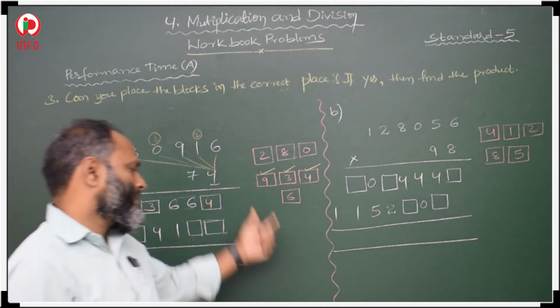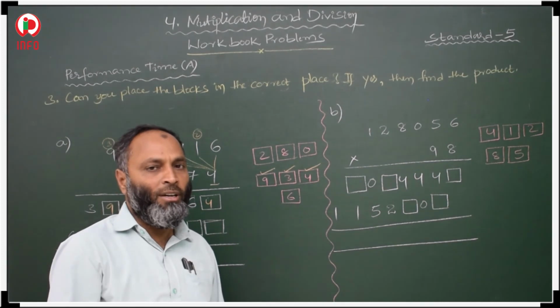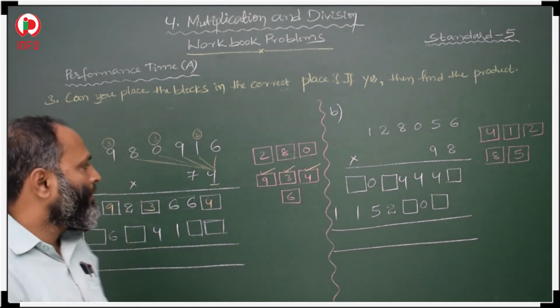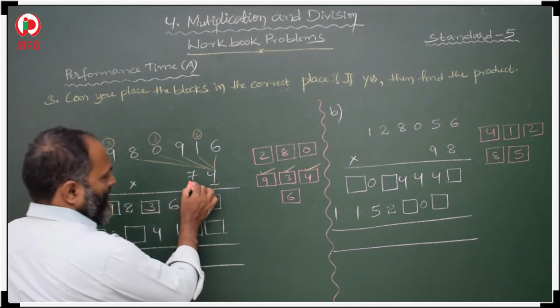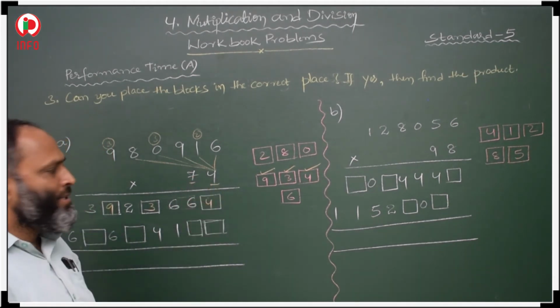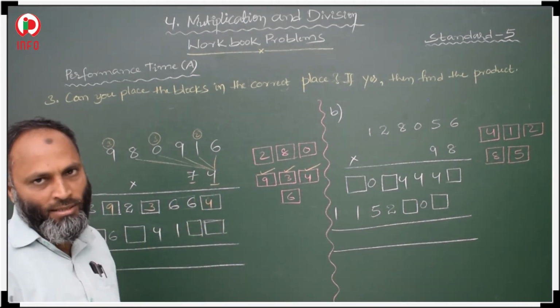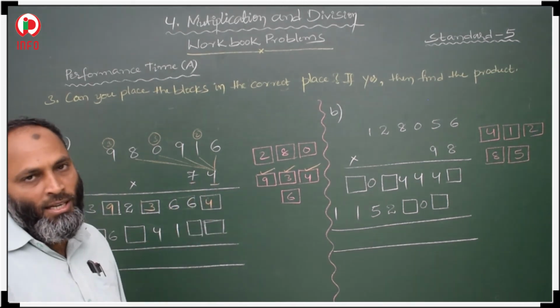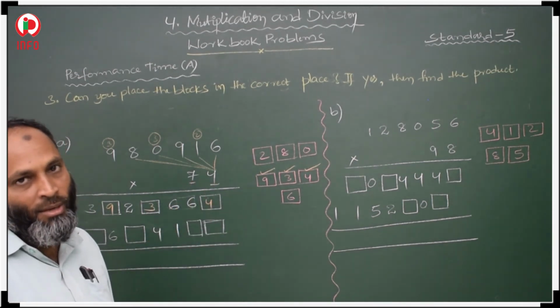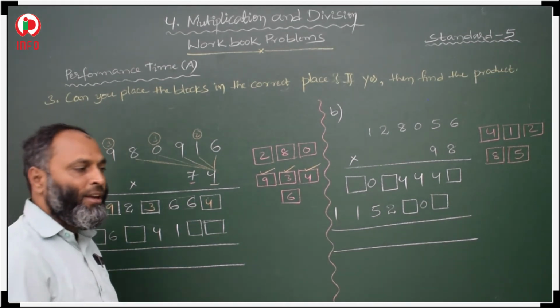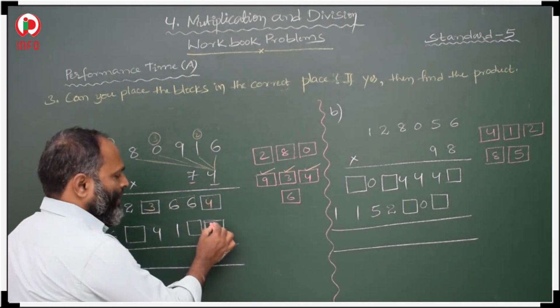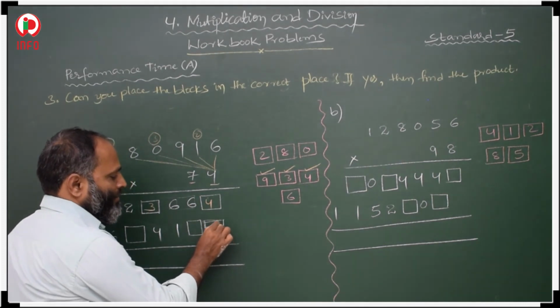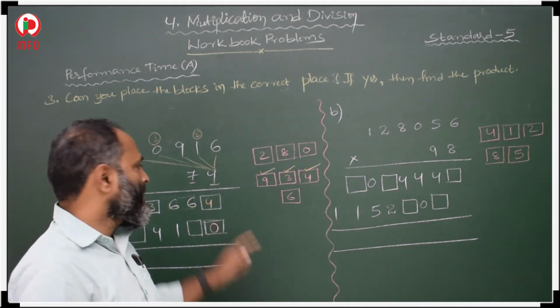In the second row, we always take a rough column and do it. This is the ones place, this is the tens place. In the tens place we have 1 0 at the very beginning. So at the very beginning you have to take 1 0 first, because this is our tens place.